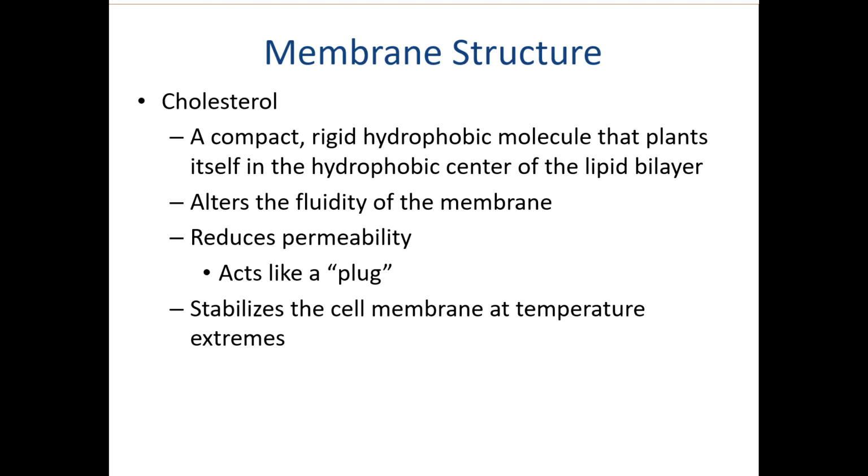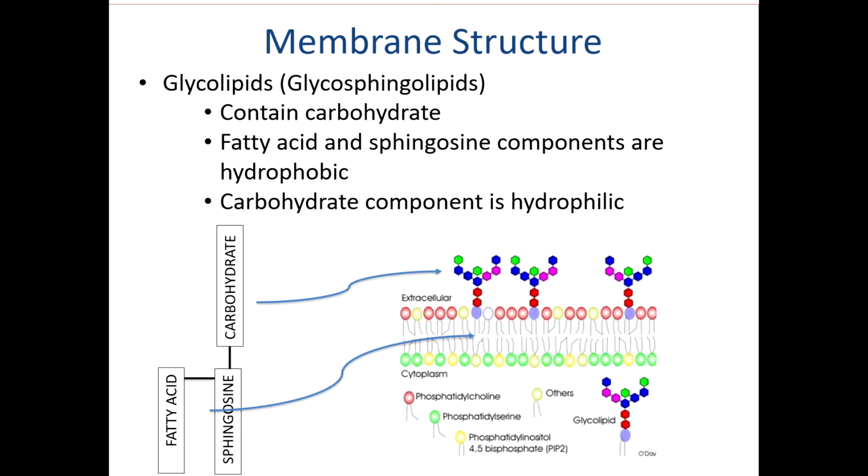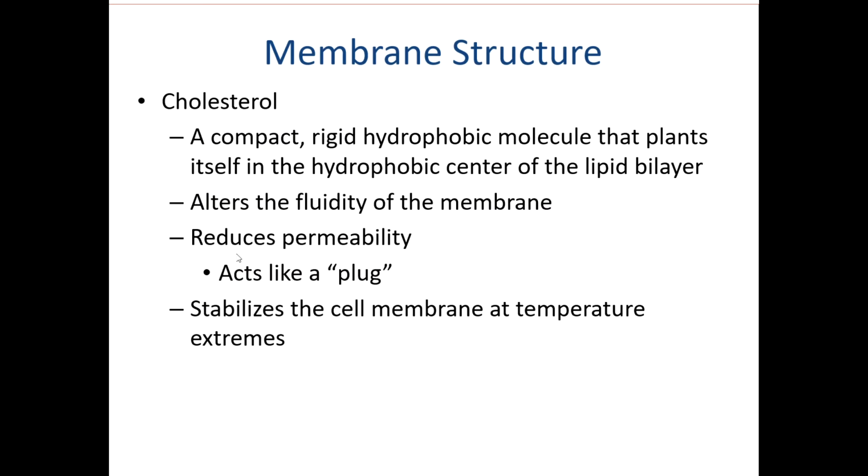As we go from one extreme to another, or animals live in different environments, the cholesterol helps to stabilize the cell membrane. It reduces the permeability. It acts like a plug. I'll show you what I mean by that in a second. And it also alters the fluidity of the membrane.